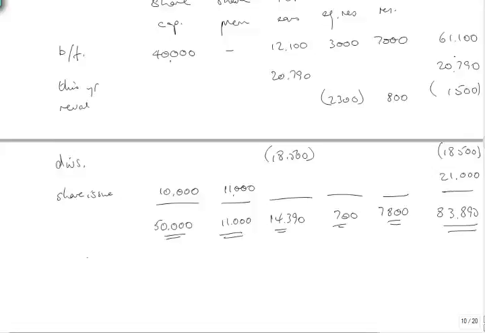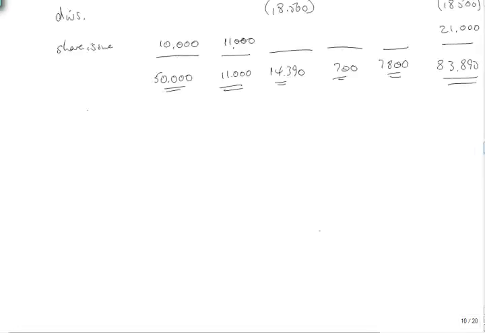Have I added that up wrong? Have I added anything up wrong? It doesn't add up. 40, 52, 60, yes, that should be 62,100. You're meant to be checking these additions. Okay. So that's the statement of changes.